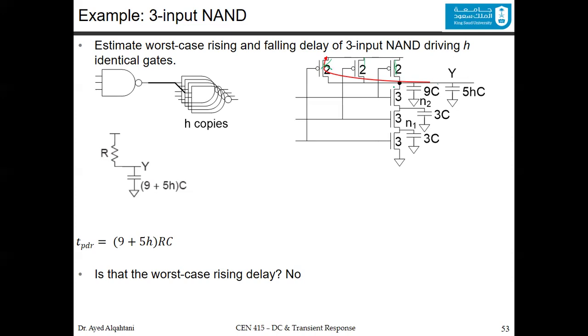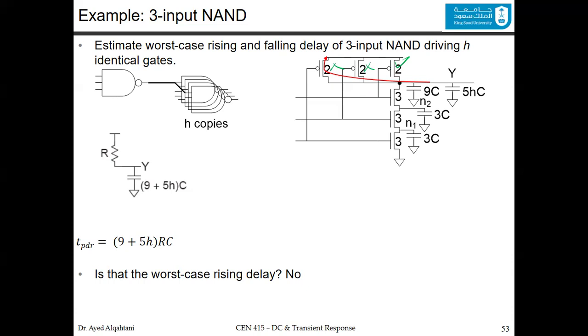So the worst case would be that you have 1 path on and the other 2 paths off. And you have 3 scenarios in this situation. Either this is on and those off, or this is on and those off, or this is on and those off. These are the 3 scenarios.